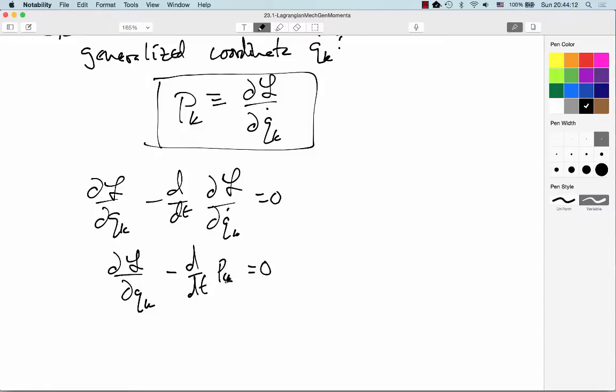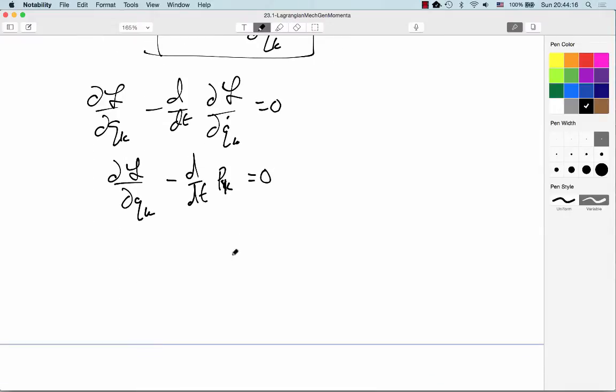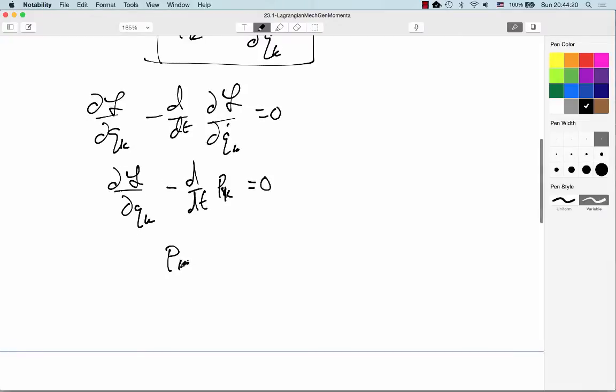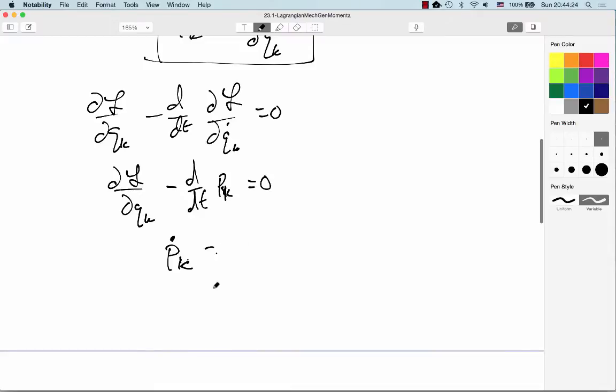All right, so we can observe that p_k dot is equal to partial L partial q_k. Lagrange's equations of motion required that the time rate of change of the momentum be equal to partial L partial q_k.